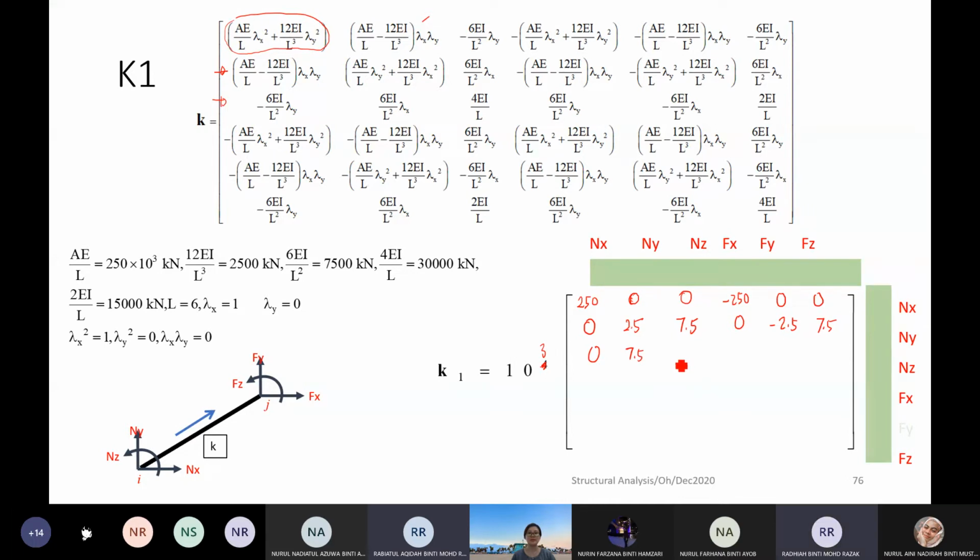Yeah, this is repeated, but this is new. So it will be 26. I thought this is 30. 30, right? For 4EI over L. Yes, 30. Then we continue with 0. Now we repeat. Negative 7.5. And this is new. 2EI over L we can get directly from here, which is 15.